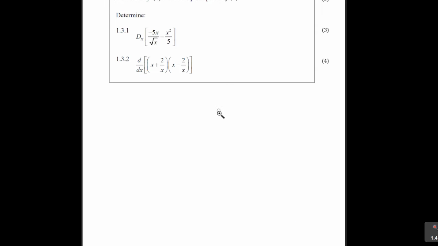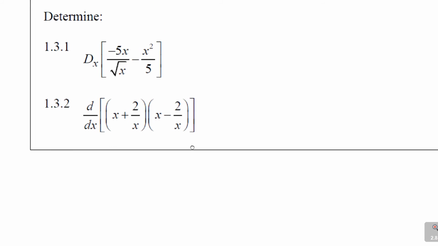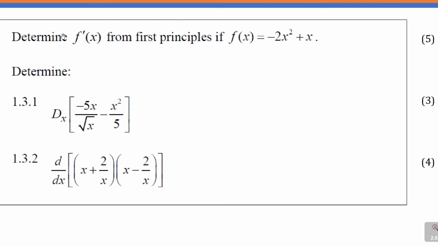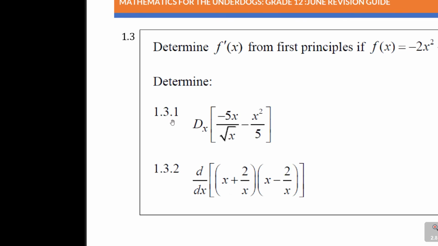Now, I think there is the last part before I end this lesson. I think this is a bit different. Determine f prime x from first principles if f of x is equal to that. 5 marks. Interesting. Now, I wanted to bring my formula, but let me write the formula again. No harm.